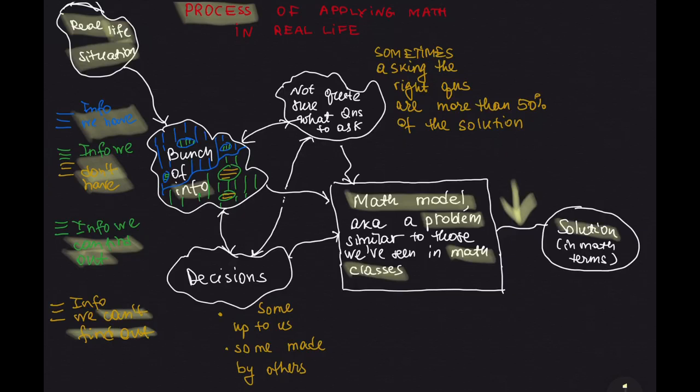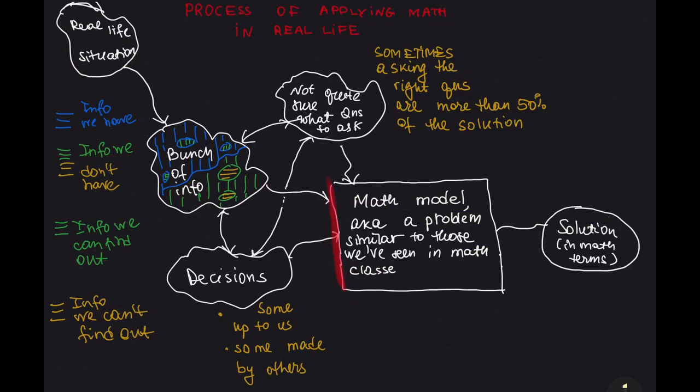But in real life, the process of getting to the point where we actually have a math model can take quite a bit of effort. And sometimes it may even be difficult to see that mathematical knowledge that we already have from the math classes we have taken is applicable to the real life situation that we are facing.